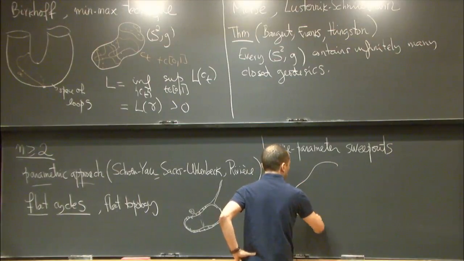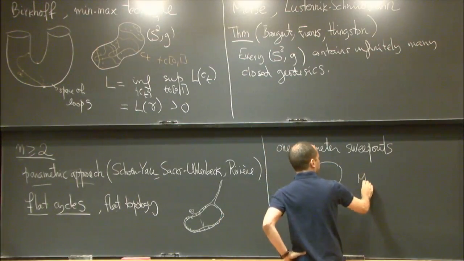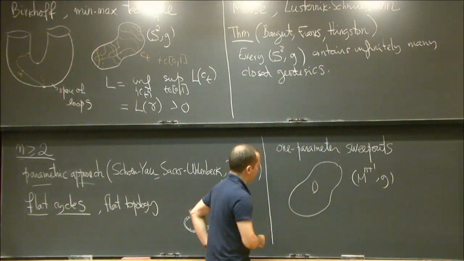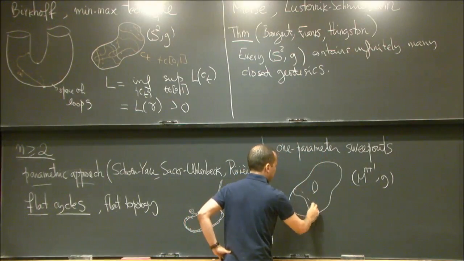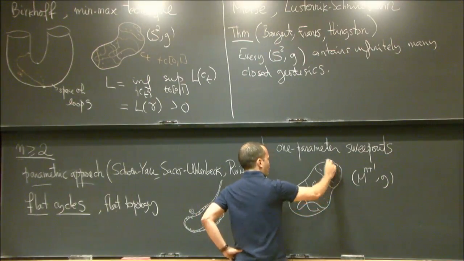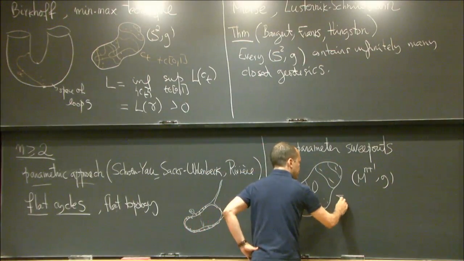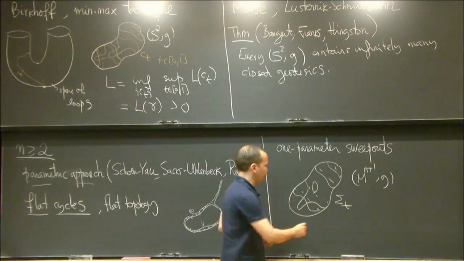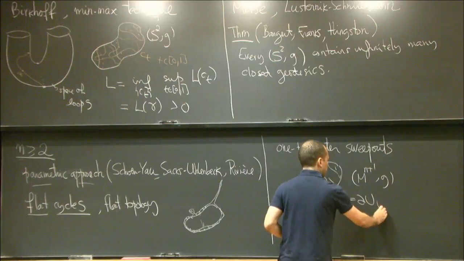Have some Riemannian manifold, dimension n+1, compact, maybe some topology here. So I can talk about families of hypersurfaces, say sigma t. And I'm going to imagine that each sigma t is the boundary of a region, u sub t.